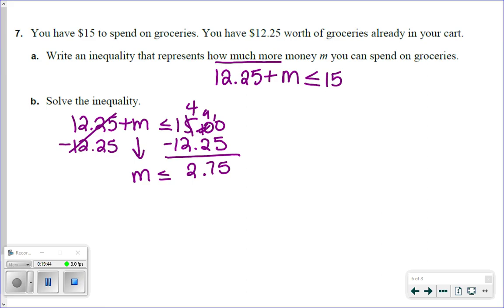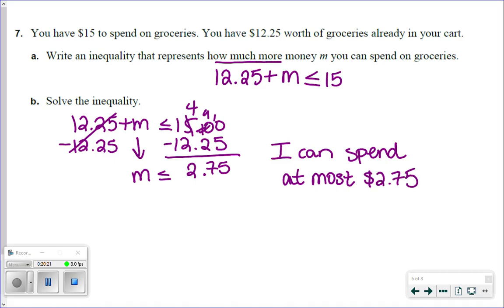So I can spend, and listen carefully, if you get nothing else out of this video, this will help you a whole lot on our next learning checks and tests. I am going to be looking in your full sentences for the specific vocabulary that tells me you understand that this is an inequality. I don't want to hear, I can spend $2.75, okay? It's an inequality, and I want you to express that in your vocabulary. So I want you to say something like, I can spend at most $2.75.